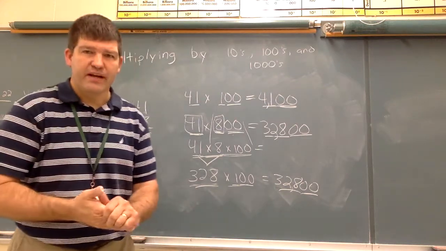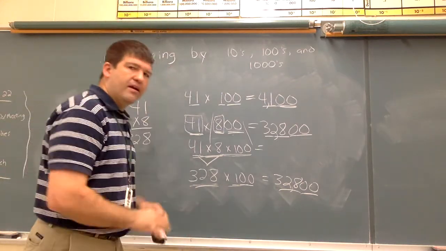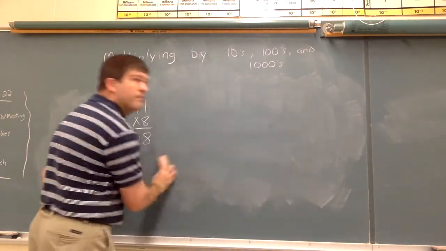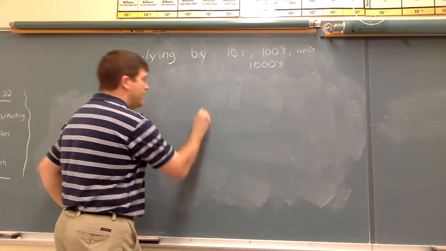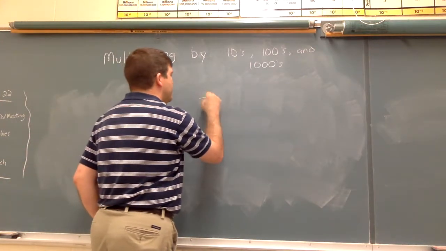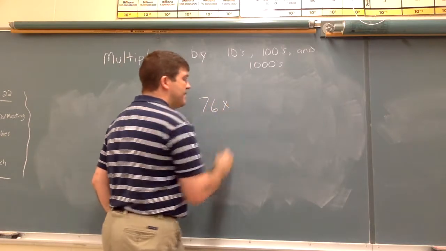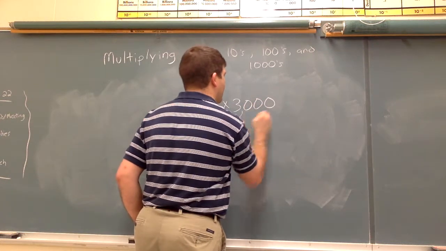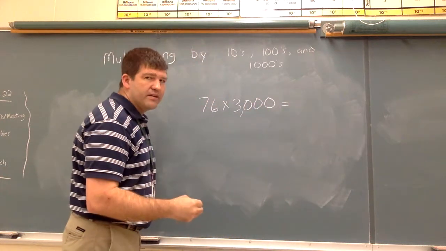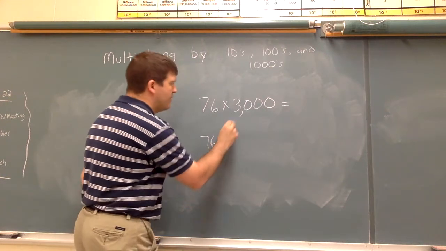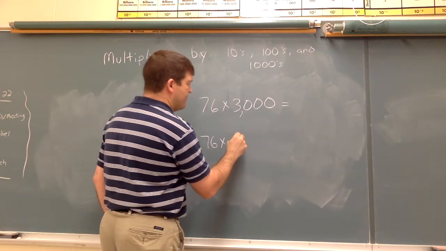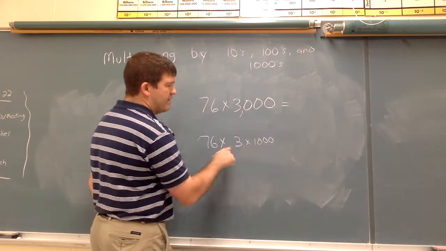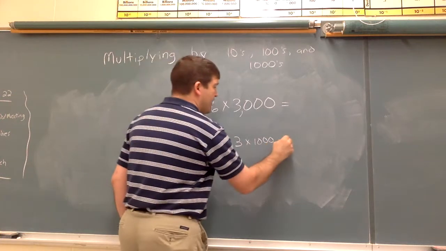Either way works fine. Okay, let's do something by 1,000. So if I have 76 times not just 1,000, but let's do 3,000. I could do 76 times, break this up, it'd be 3 times 1,000, and then equals.